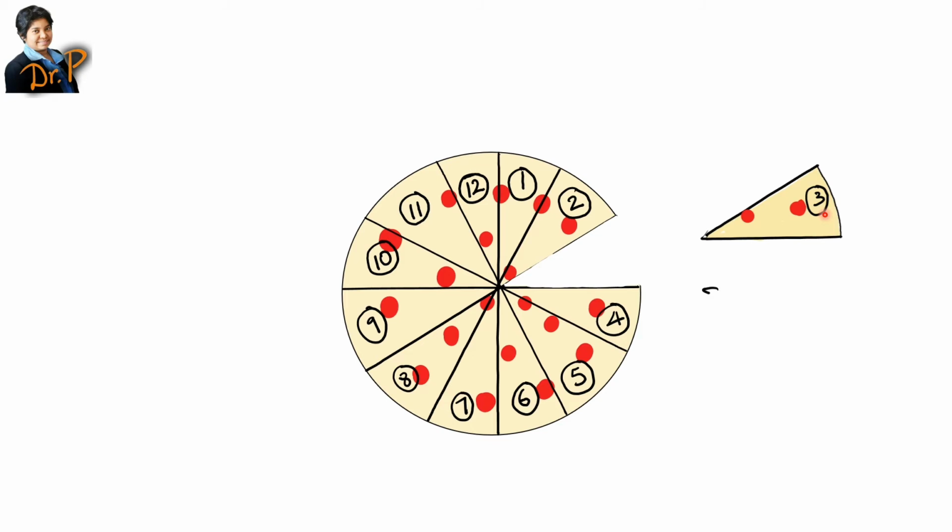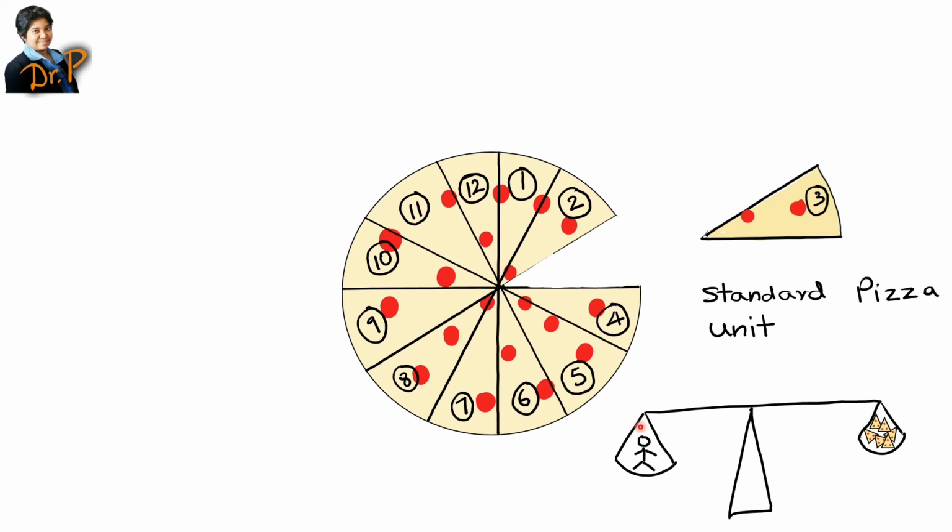If you want, you can call this slice of pizza the standard pizza unit, and you can use this standard unit to measure the weight of other things. Let's say you want to measure the weight of a person. We can put that person on a balance like this, and on the other side we can load these standard pizza units until this gets balanced.